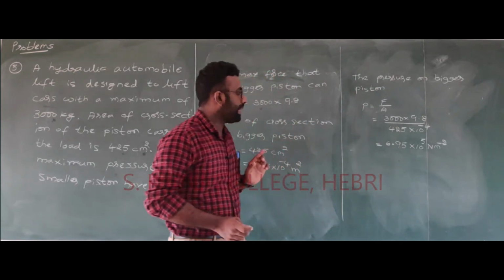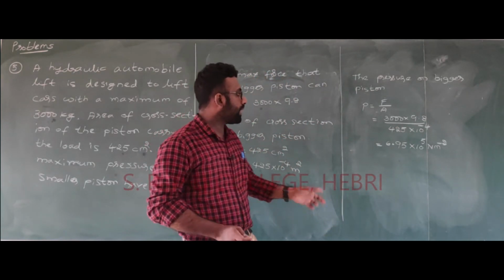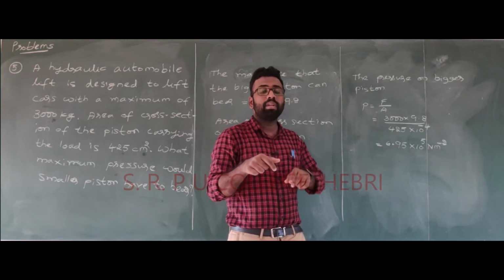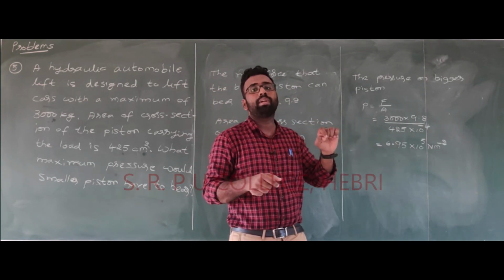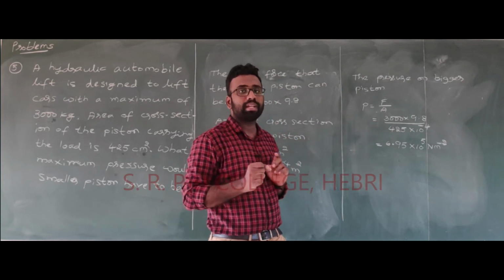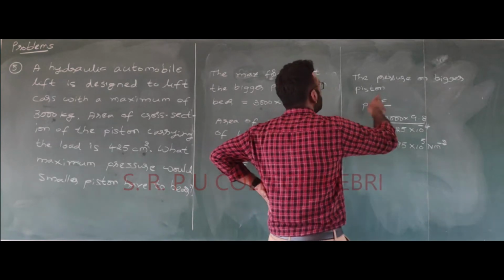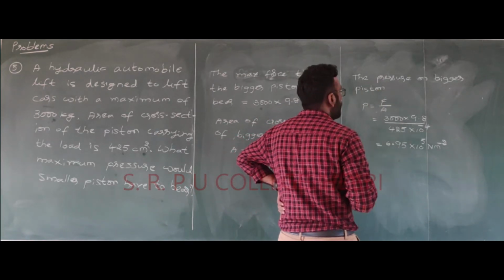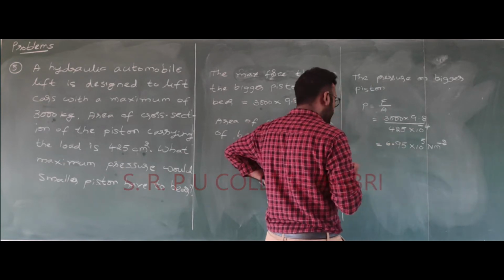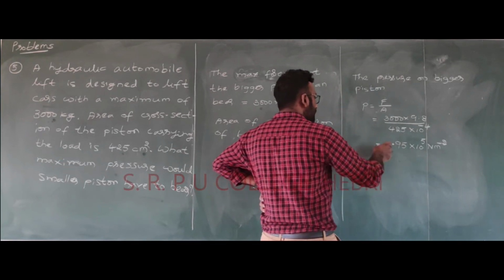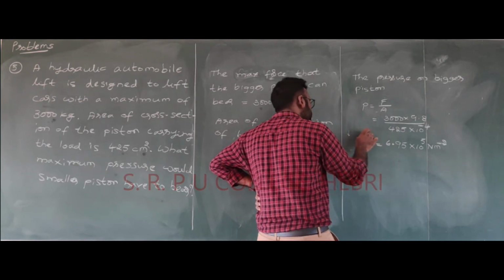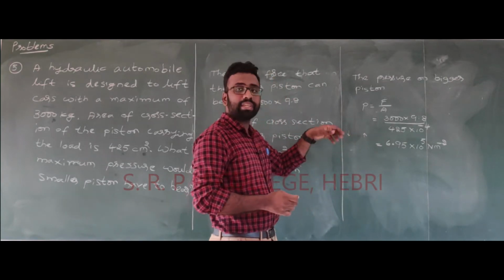Now you know from Pascal's law that whatever pressure is exerted on the smaller piston will be equally distributed to the larger piston. Therefore, whatever pressure the larger piston can bear has to be equal to the pressure which the smaller piston can bear. You understand, right? Because however much pressure we exert on the smaller piston, that same pressure comes here. So you won't have anything extra to that.